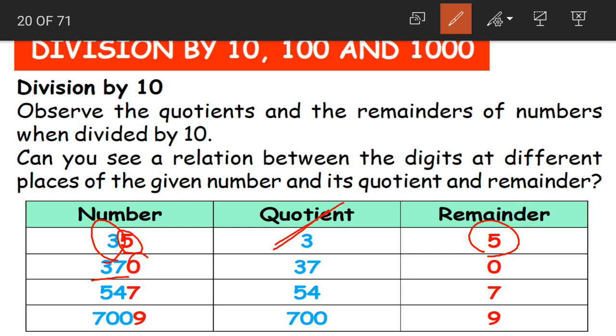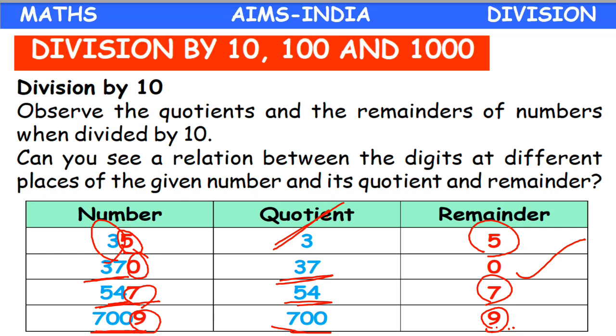Again in 370 the last digit 0 is the remainder, the remaining digits 37 becomes the quotient. In 547, 7 is the remainder, the remaining digits 54 is the quotient. Even in this 4 digit number 7009, the last digit 9 is the remainder here and 700 becomes the quotient.